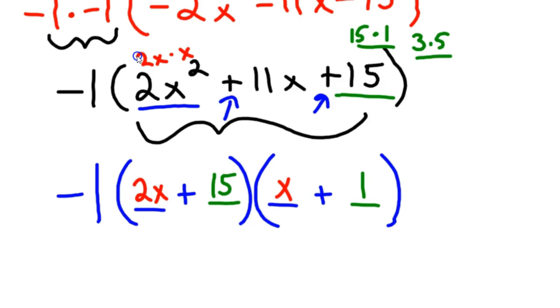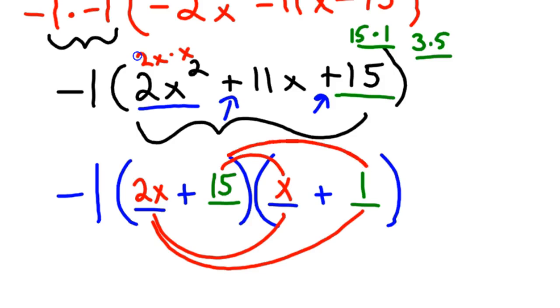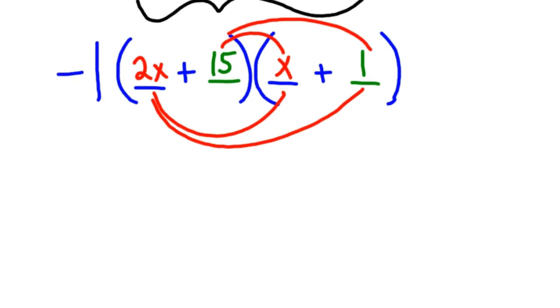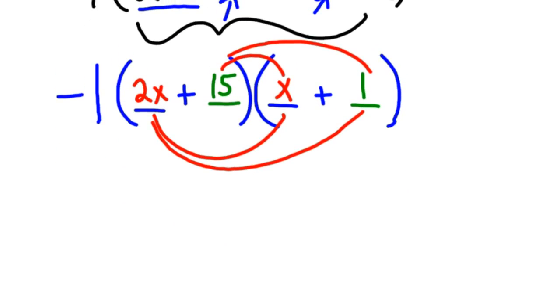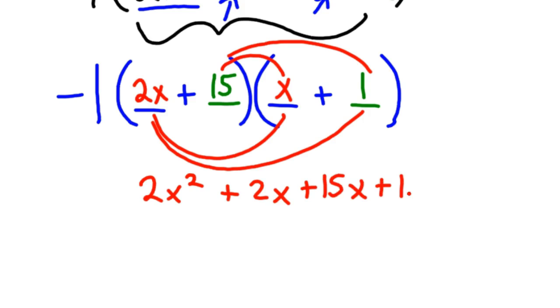Now if you remember distribution, you remember you could go 2x times x, 2x times 1, 15 times x, 15 times 1. If you don't know that, you really shouldn't even be watching this video. You need to practice that. But if you check that, you'd have 2x squared plus 2x plus 15x plus 15.